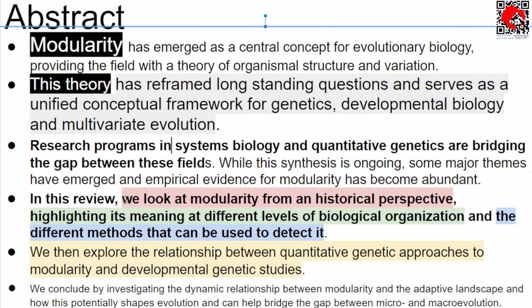In this review, we look at modularity from a historical perspective, highlighting its meaning at different levels of biological organization and the different methods that can be used to detect it. We then explore the relationship between quantitative genetic approaches to modularity and developmental genetic studies. We conclude by investigating the dynamic relationship between modularity and the adaptive landscape, and how this potentially shapes evolution and can help bridge the gap between micro and macro evolution.